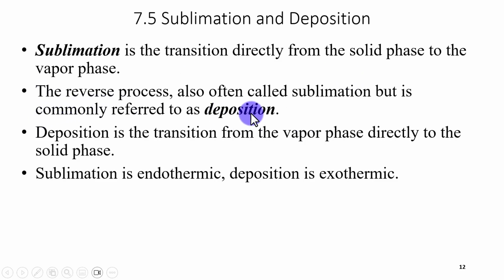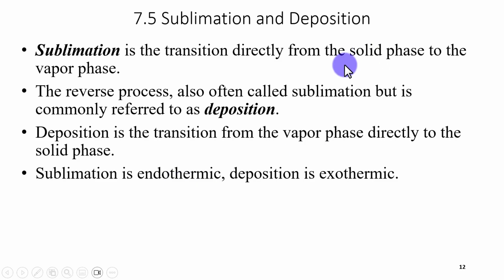The opposite process is called deposition. So deposition is where the gaseous molecules deposit, if you will. They become arranged and form the solid, right? Become orderly and deposit themselves into the solid phase. Deposition is an exothermic process where sublimation is endothermic.